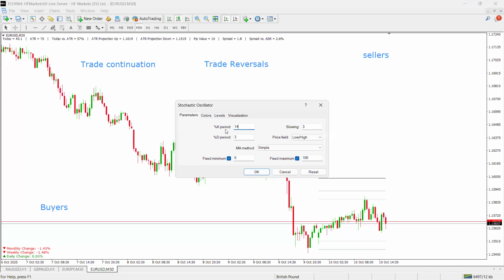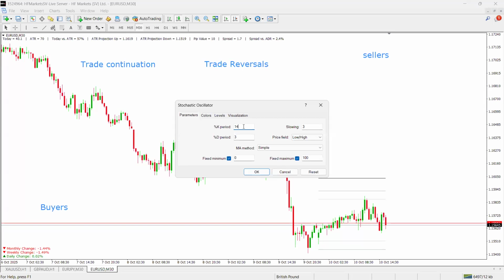But the point here is this. This percentage K period is asking you to specify what period you want the oscillator to calculate for, the general period of calculation, the main measurement of momentum. It is to say how many of the closing prices do we have together before we generate this figure.